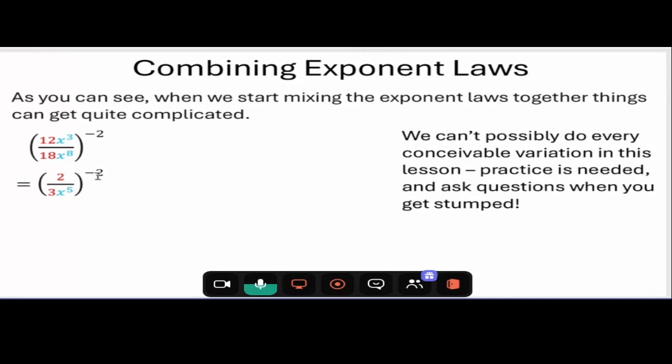Let's carry on. In fact, I think that's what we're going to do next here. I have a fraction raised to a negative exponent. So I'm going to make that a positive exponent, which means all the tops and bottoms switch with each other, right? A negative exponent becomes the reciprocal, the flip of the fraction raised to the positive exponent. The tops go to the bottom and the bottoms go to the top, and the exponent becomes positive. What's next? Well, I got a fraction raised to a power, and you might remember that we can just take the top of the fraction to that power and the bottom of the fraction to that power, like so.